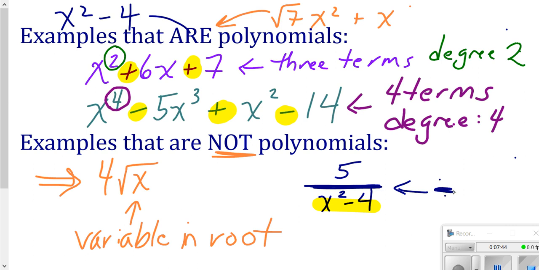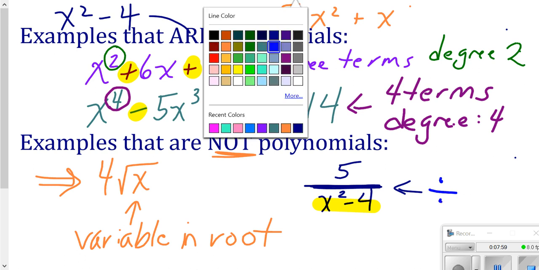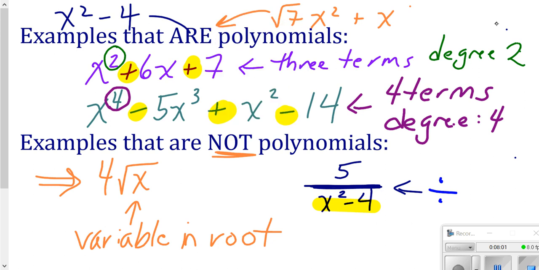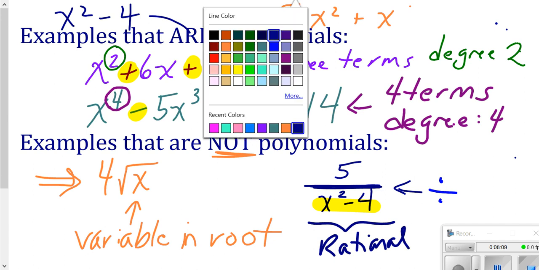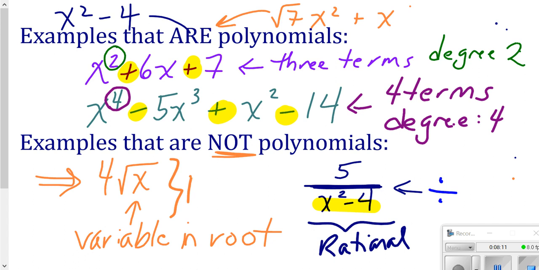A fraction bar is a division sign, right? So if we see division, with dividing by an x, that's not a polynomial. It is something in math, it just isn't a polynomial. This is actually called a rational function, which we will study later this year, okay? And then this other one we said was called a radical function. Okay, so they are math ideas, they're just not of this unit.